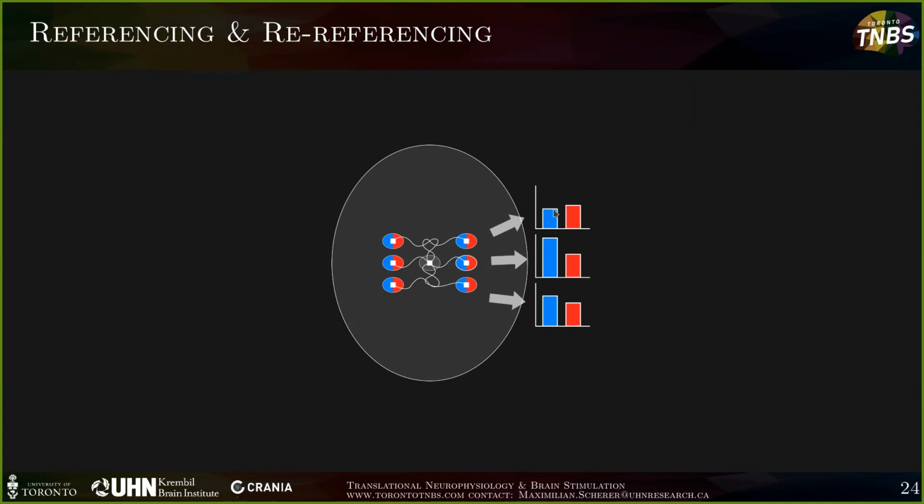And if you're unlucky, say you have a setup that says the reference has to be at a specific point. It may be at an area where there's actually activity, which will then confound all those other channels. So what you can do is, for example, apply common average re-referencing, which is how to get rid of this red compartment in all those channels.